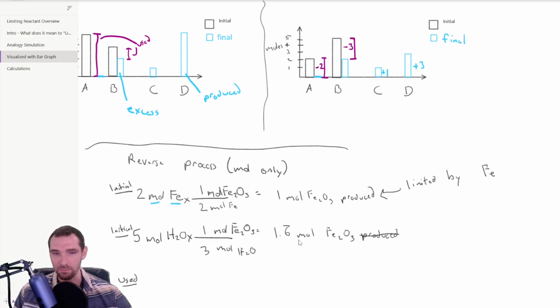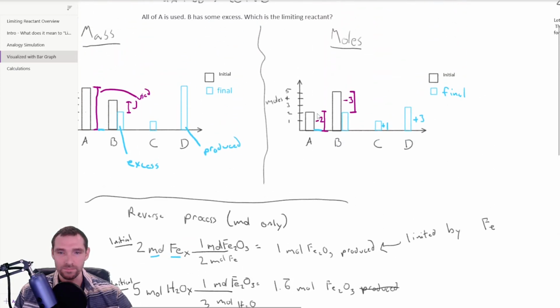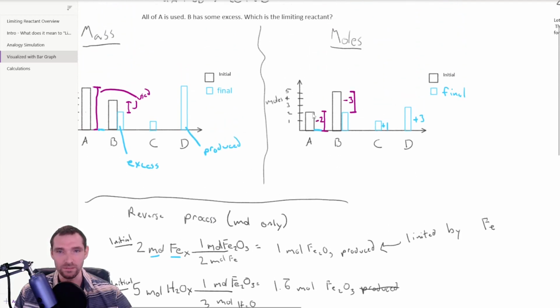This is what was possible. And so you can say there was a difference of this in 0.6. So this has the potential to make 0.6 more, right? Like it's got some B still that could be used to make some more of that stuff.